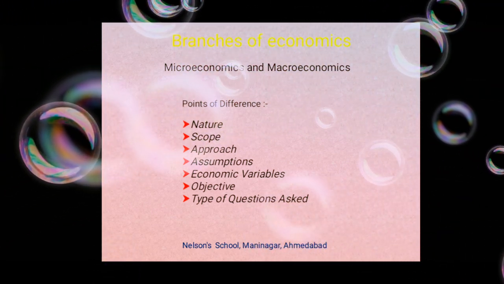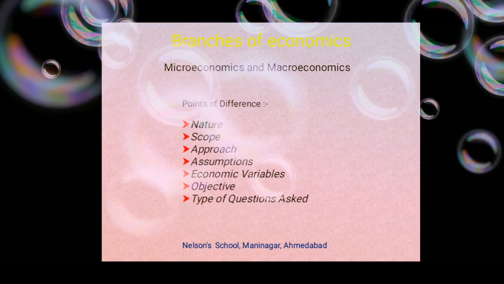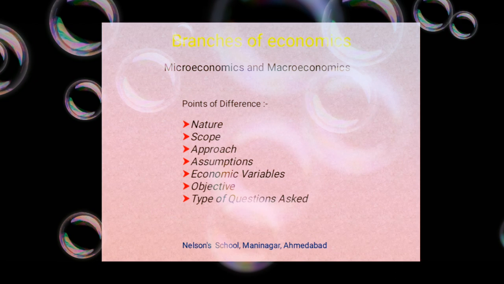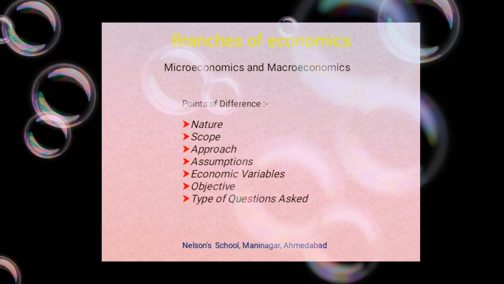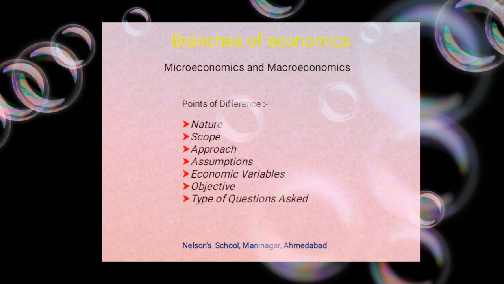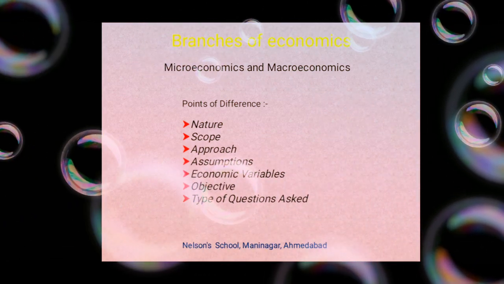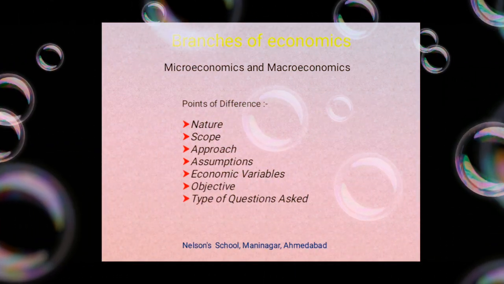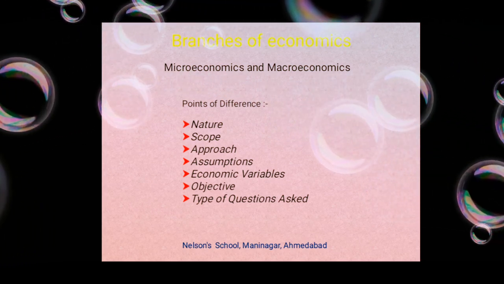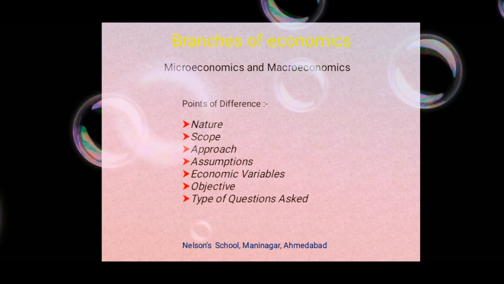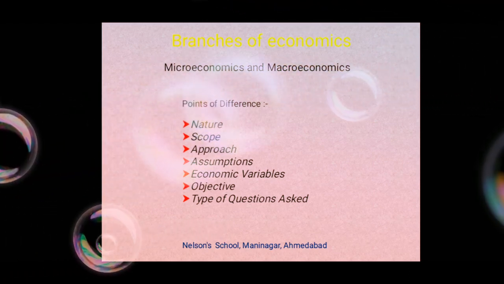In microeconomics, the area covered is smaller aspects like prices of a certain good, factors of production like land, labor, or individual demand. Whereas when we talk about macroeconomics, larger aspects like national income or employment level in an economy are studied.